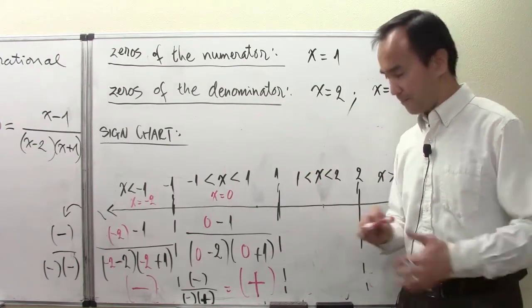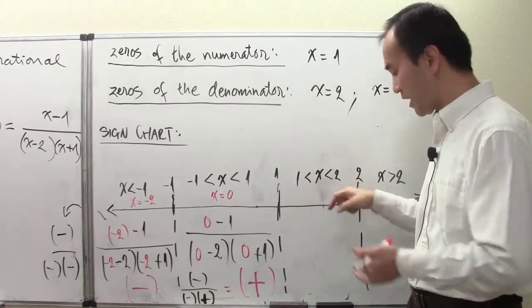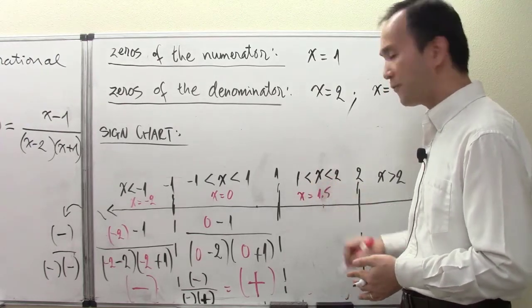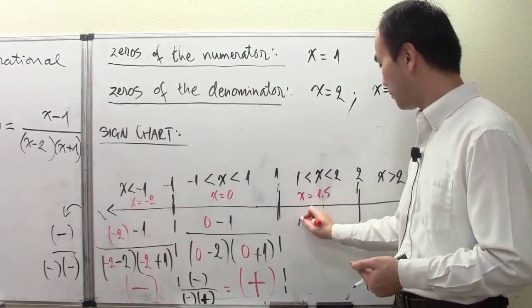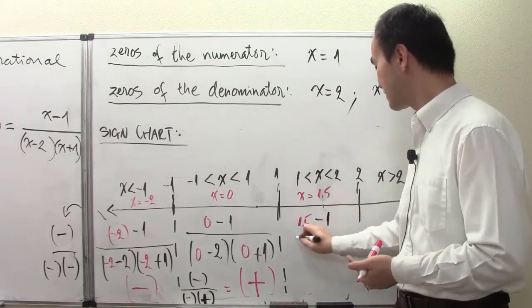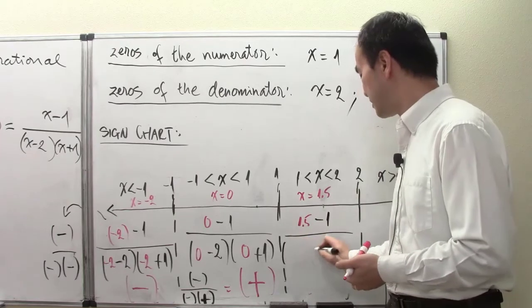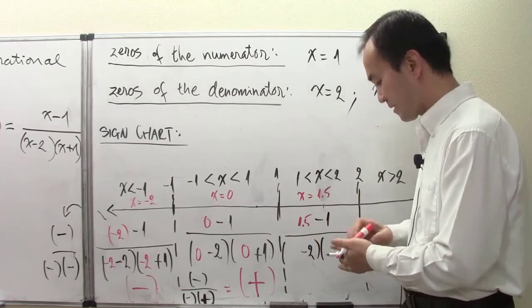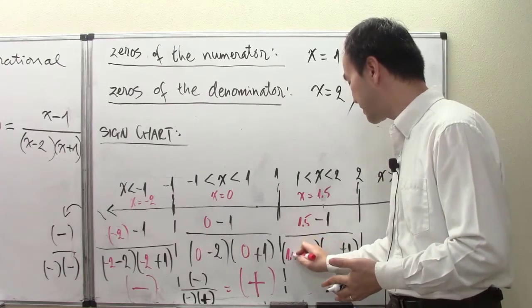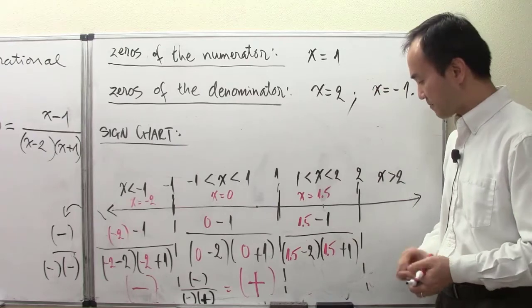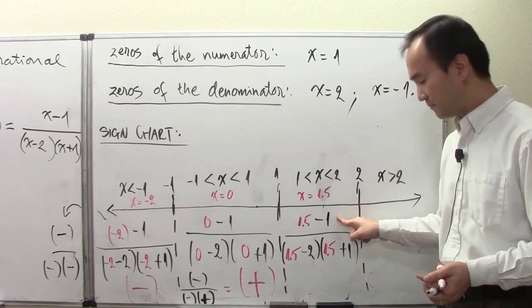The third one, so now anywhere between 1 and 2. So how about we pick x equals 1.5, for example. So now 1.5 minus 1, and then we're dividing that by 1.5 minus 2, and then 1.5 plus 1. 1.5 is substituted in for x. Okay, it's positive here now.